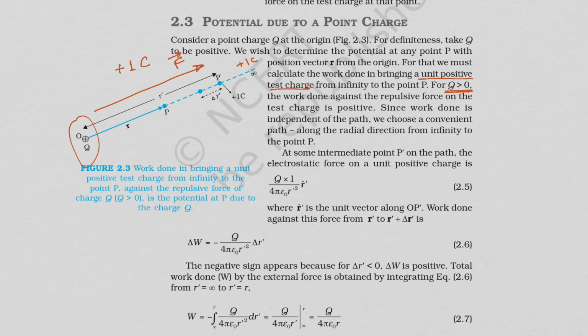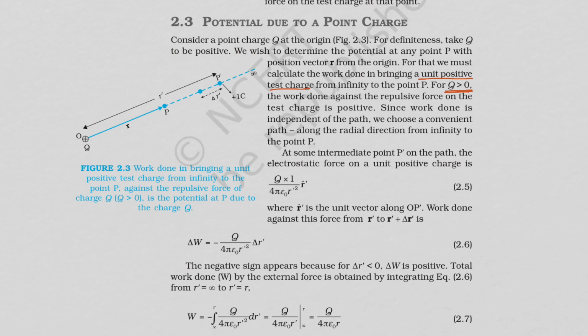This force is the electrostatic force, and to bring the test charge from infinity to the point P, we have to apply the same amount of force in the opposite direction.